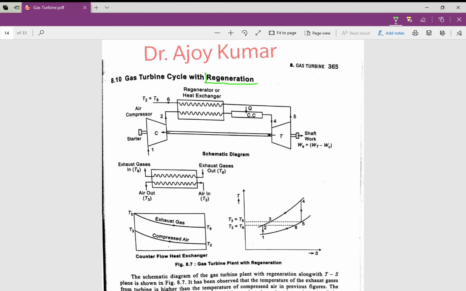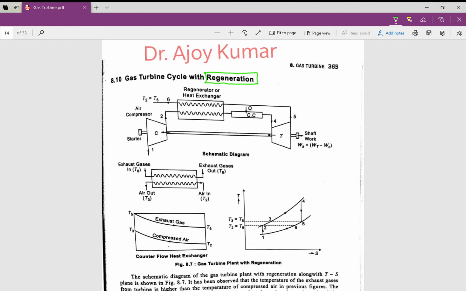Here the word given is regeneration. So let us start based on your previous knowledge of open cycle or closed cycle gas turbine cycle.